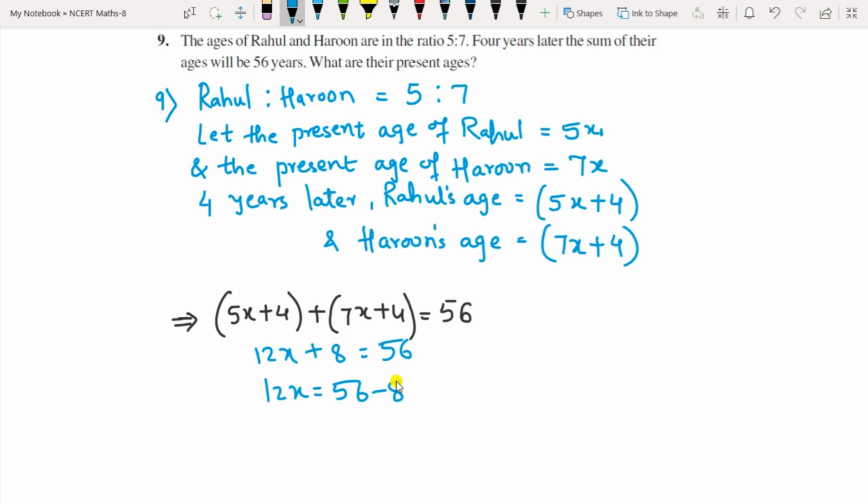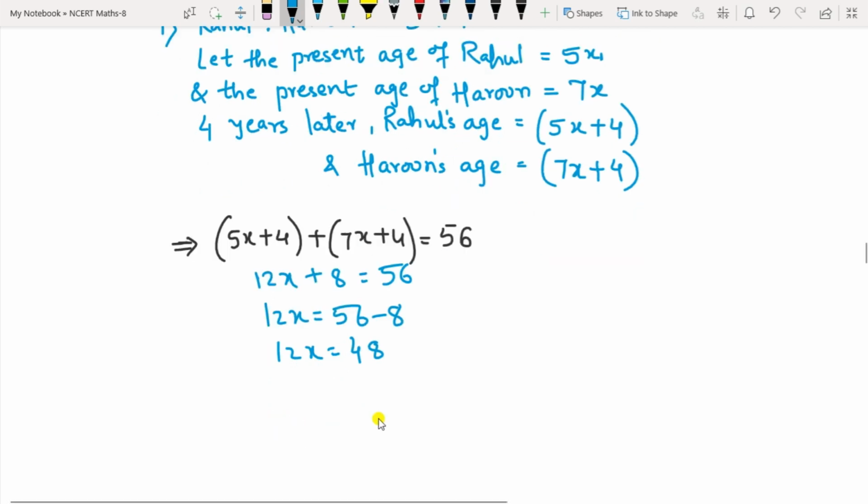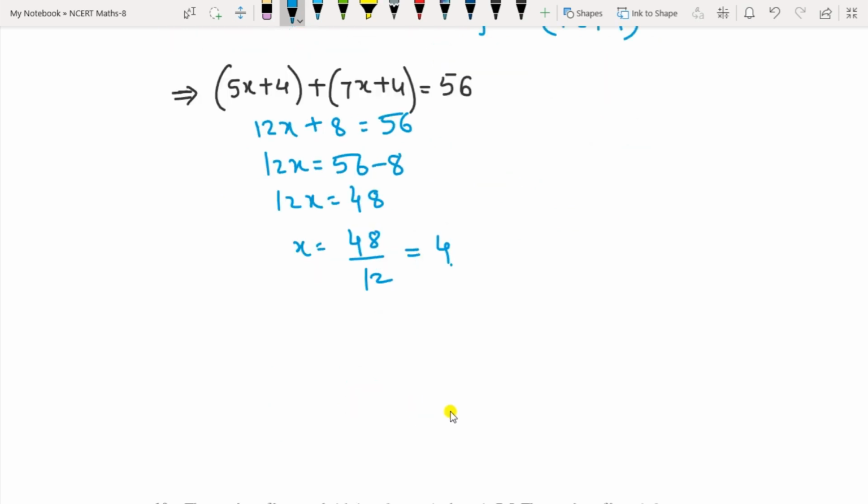So 12x equal to 56 minus 8. So 12x is how much? 48. Okay, so x equal to 48 by 12. The answer is 4 years.